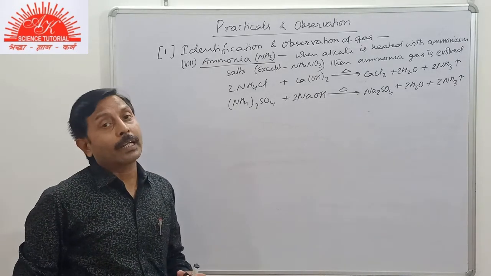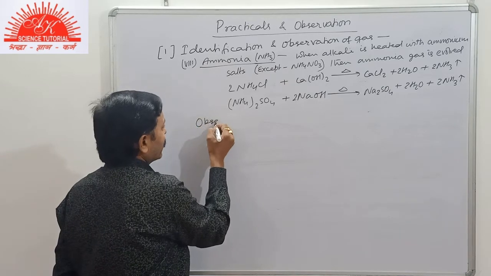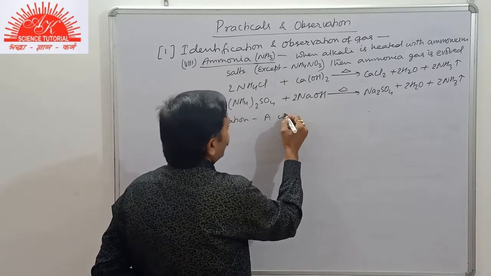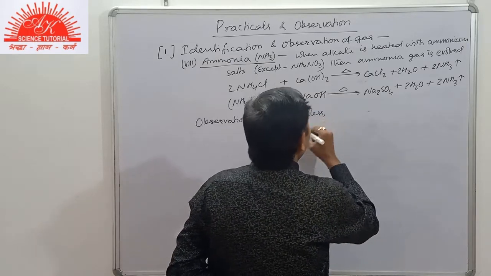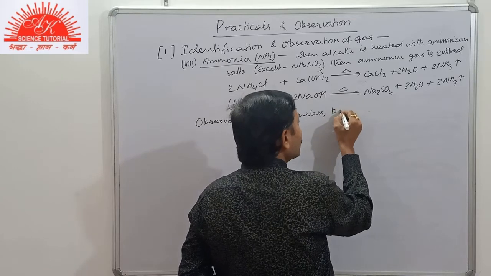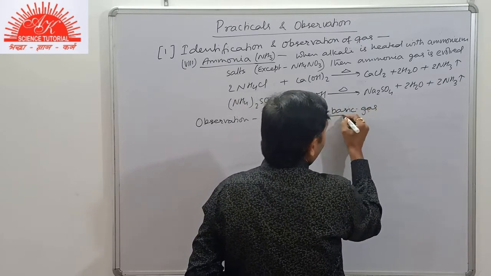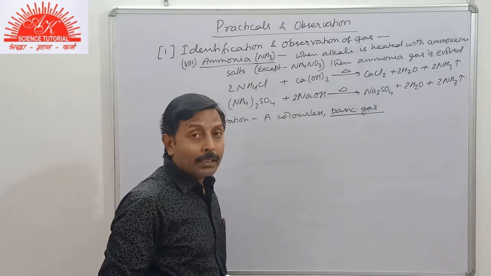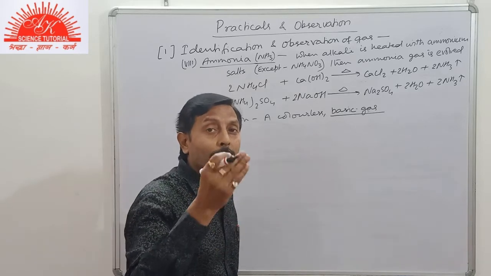Now, how is the gas identified? Observation: a colorless basic gas. Now, this should be remembered. Colorless basic gas means which turns moist red litmus paper blue.